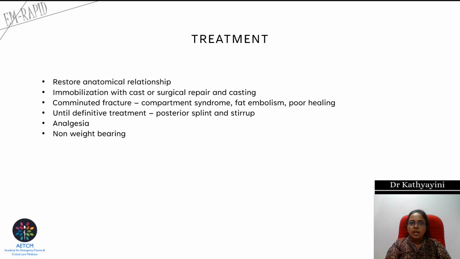And there will be a time gap between the patient presenting to the ED and the surgical repair. Till the definitive treatment, the patient should be provided with posterior splinting and stirrup, adequate analgesia, and non-weight bearing. So from the ED setup, we have to provide adequate analgesia, immobilization, and splinting.